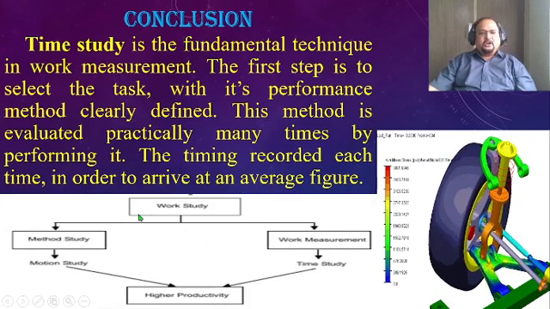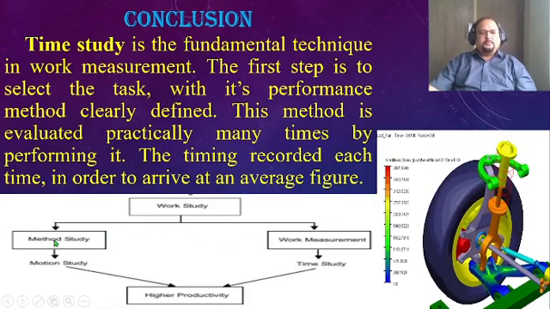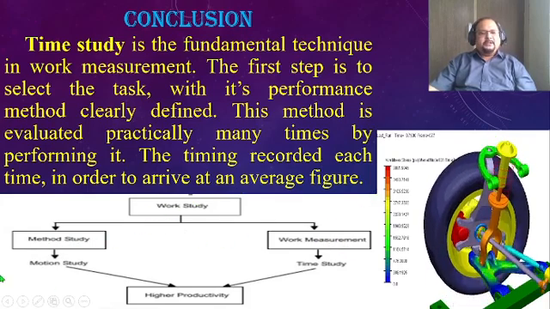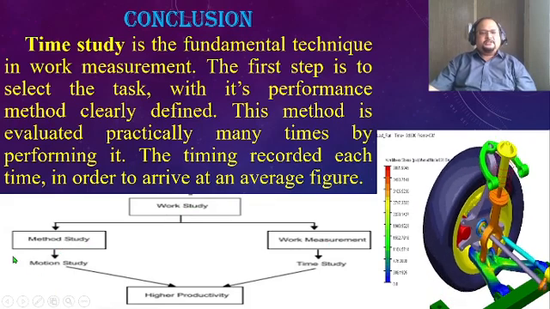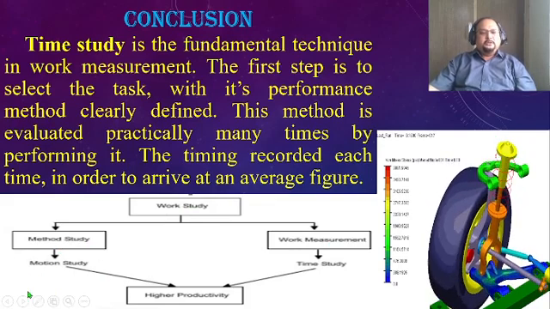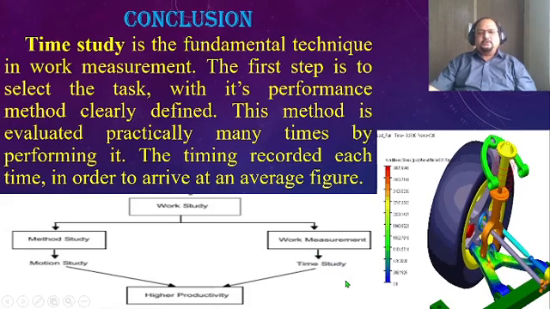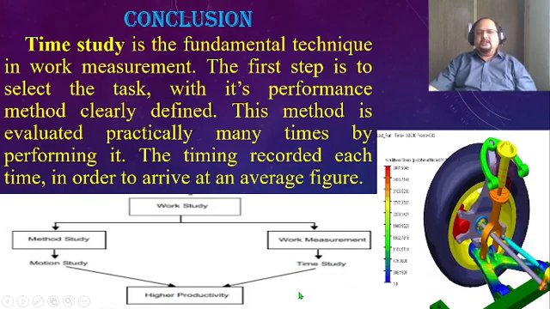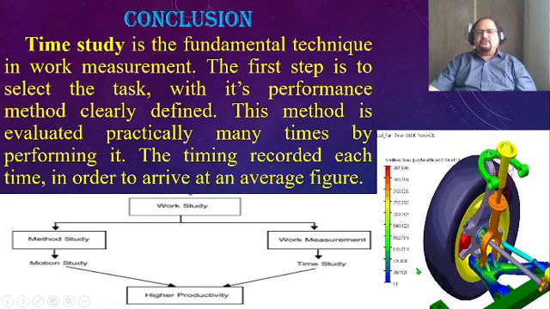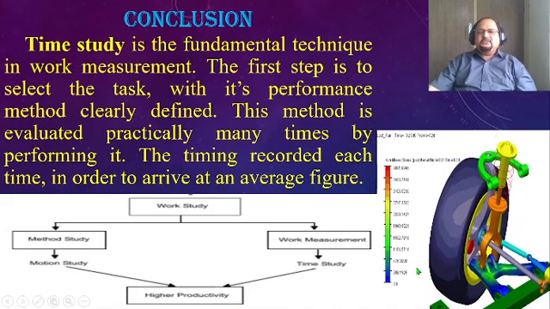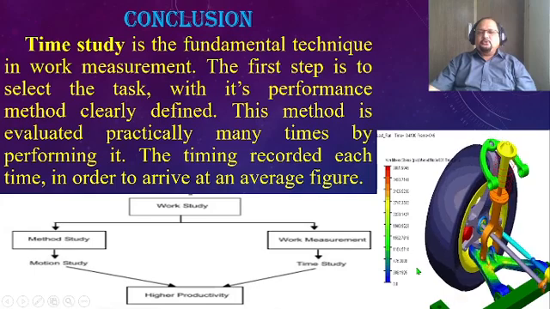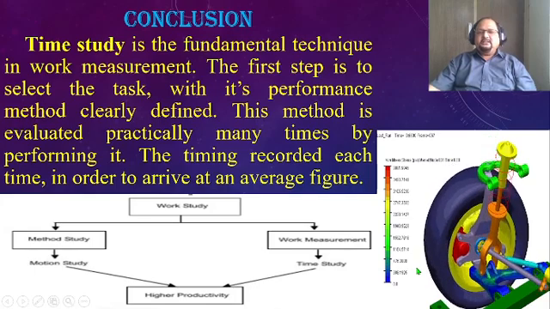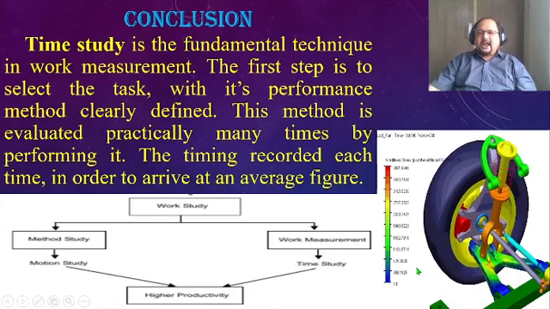So we'll recall again, work study has method study and work measurement. Method study deals with motion study. Work measurement deals with time study, and both of these help us in achieving high productivity. On the right hand side, you can see a GIF image. This is just to remind you that this is about time and movement.